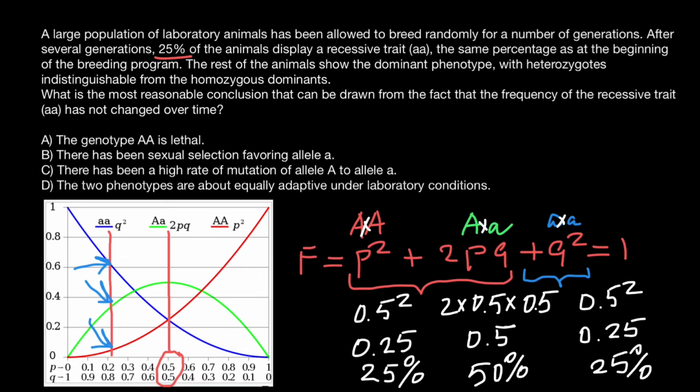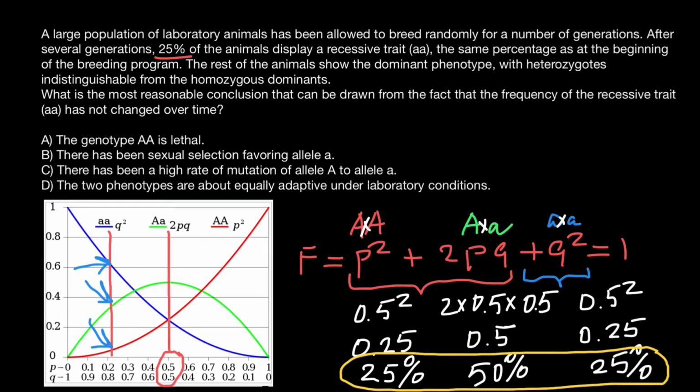And according to Hardy-Weinberg equilibrium, these frequencies are going to be stable from one generation to another if there are not going to be any forces that change allelic frequencies. For example, it can be mutation, or migration, or assortative mating, or if some genotype or phenotype has better fitness than the rest.